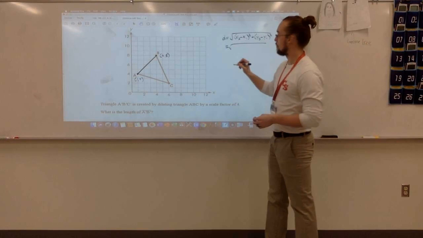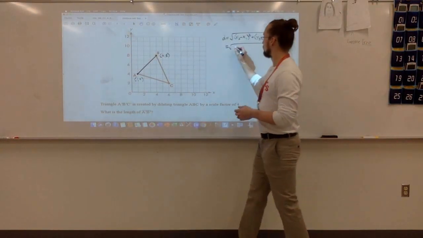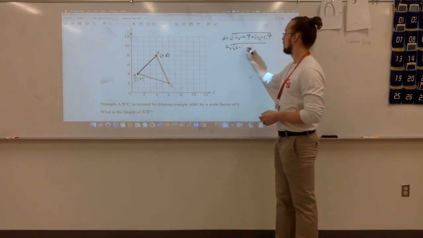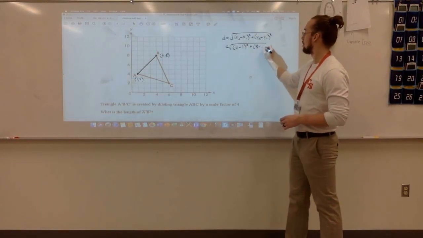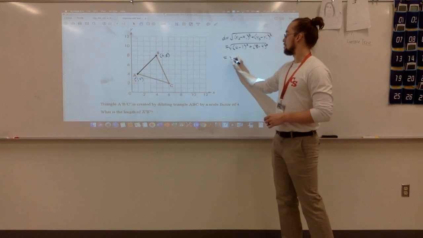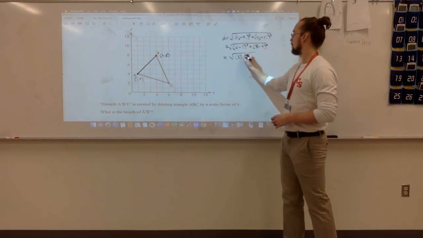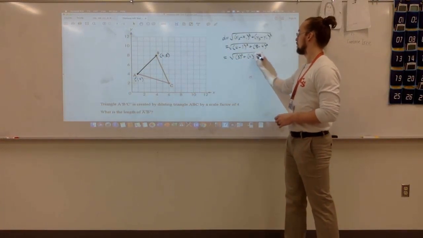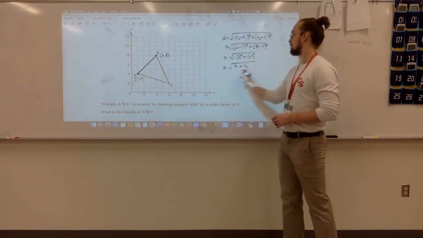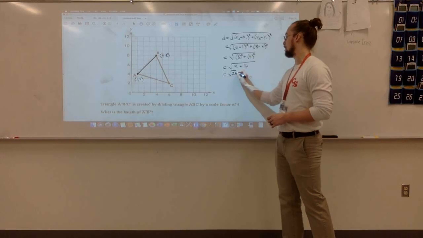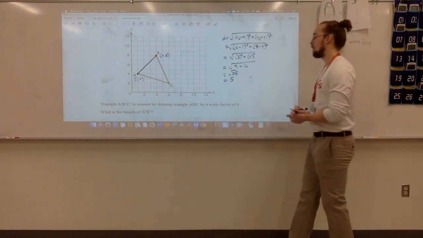So my x's would be 4 minus 1, and my y's 8 minus 4. So we get 3 squared plus 4 squared, which is 9 plus 16, which is the square root of 25, which is 5.